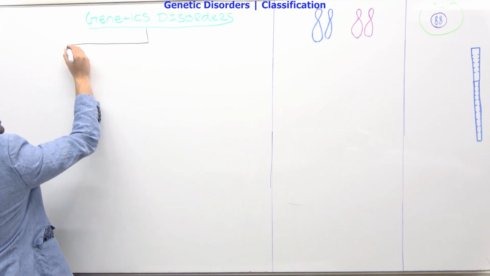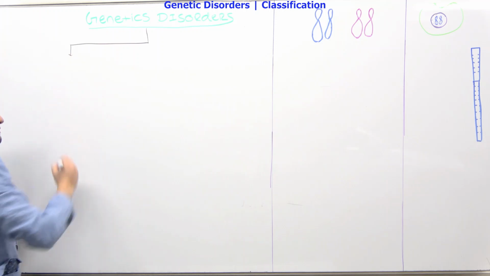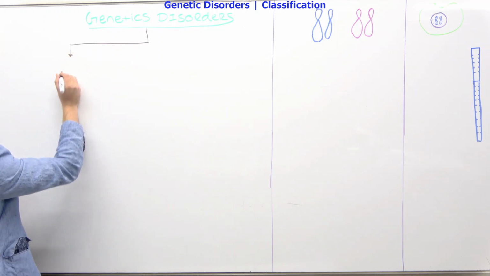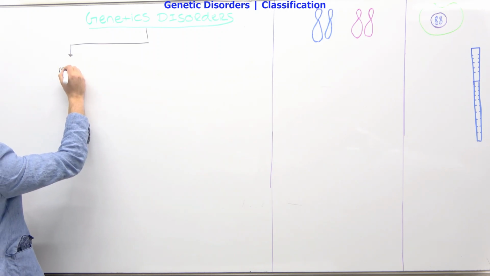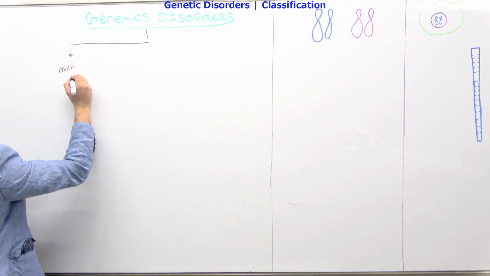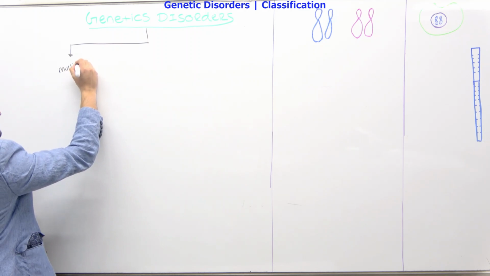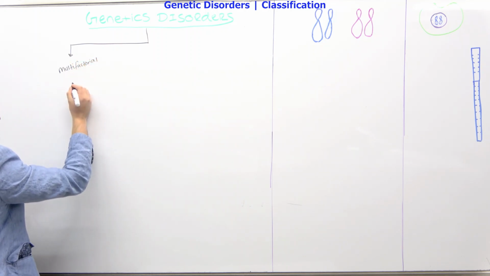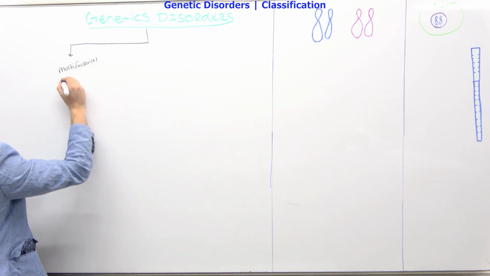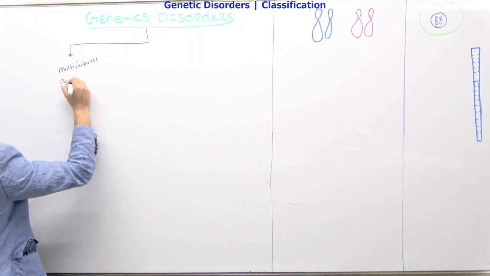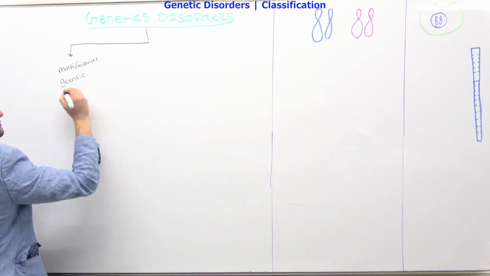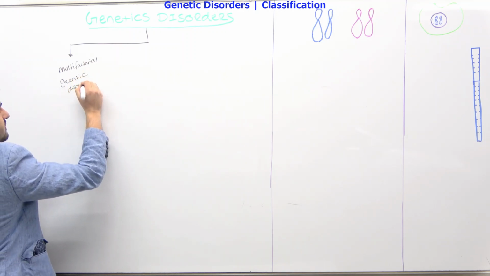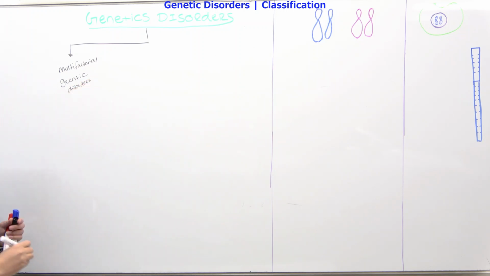Number one, the disorders most commonly associated with this: multifactorial inheritance, or let's just say multifactorial genetic disorders. Let's write down this word. This is the one, and we'll talk about each one of them.